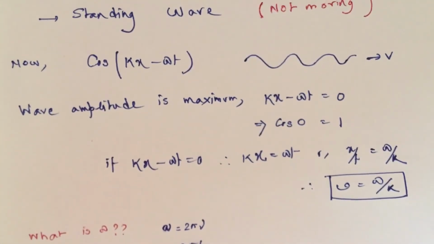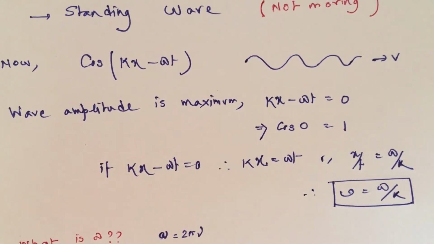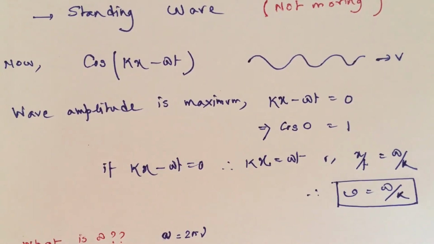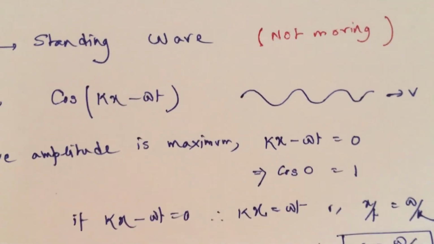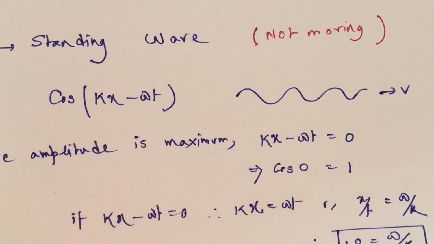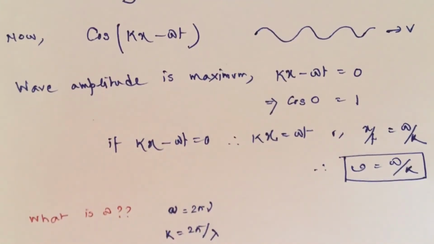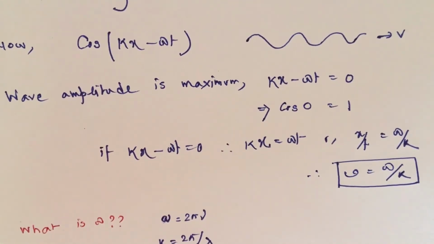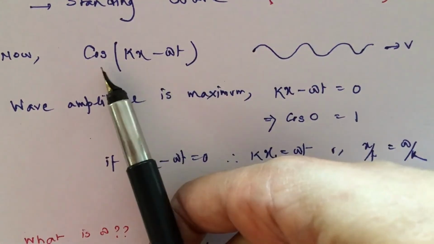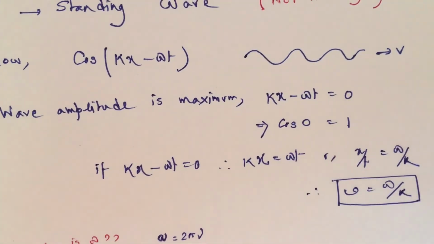Now let's take the time part also in the real part of the wave function psi. It's cos(kx minus omega t). This is a progressive wave moving rightwards with a velocity v. Now if the amplitude is maximum, then this cos part has to be 1, which means kx minus omega t is equal to 0.